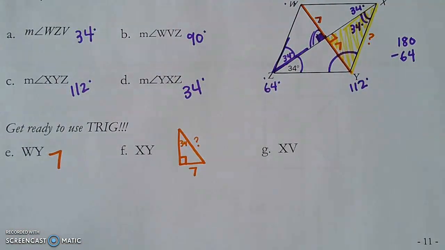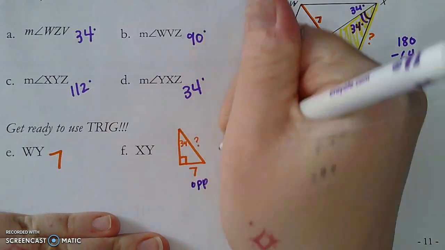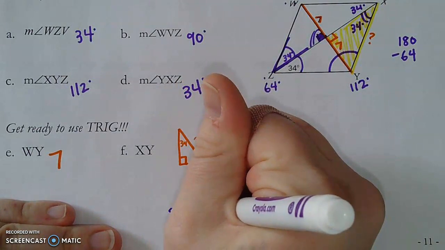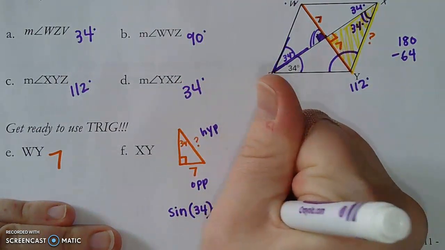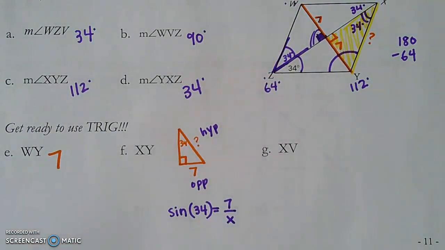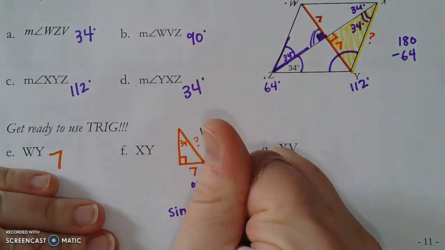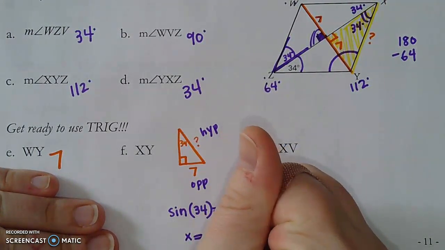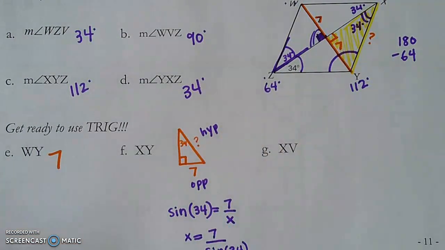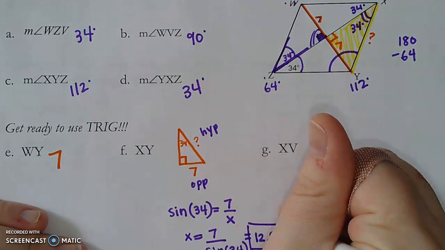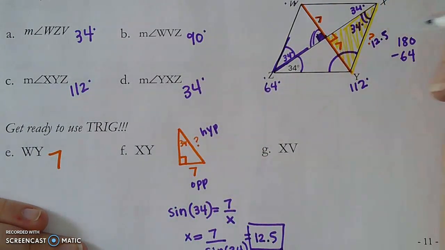I know this is my opposite and this is my hypotenuse, so I am using sine of 34 equals 7 over x. With a little cross multiplication, that rearranges to 7 divided by sine 34, which gives me 12.5.